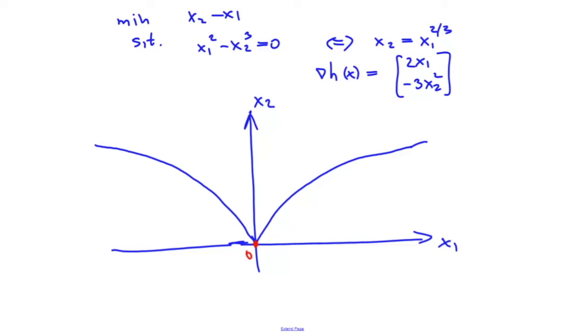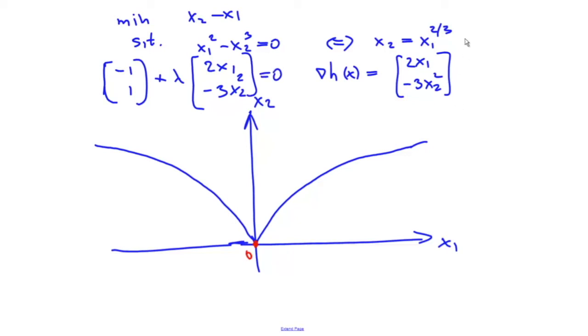So we have the gradient of f, which is given by -1, 1, and then plus lambda. In this case, there is only one constraint, so there is only one lambda, right? So lambda times 2x1 minus 3x2 squared is 0.